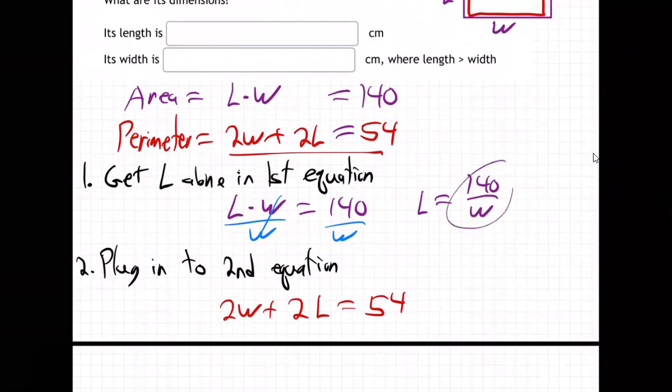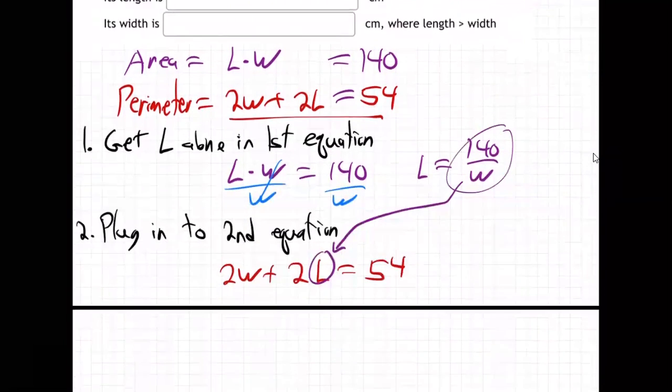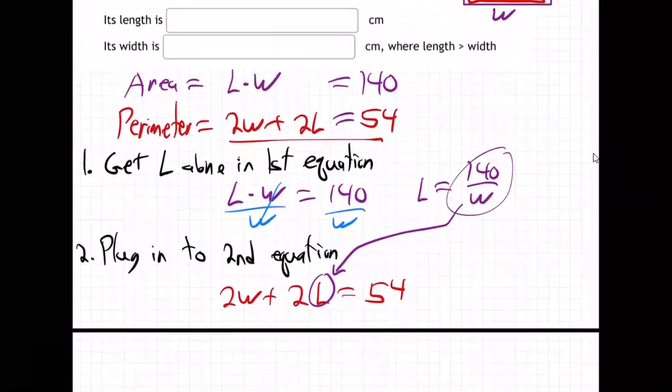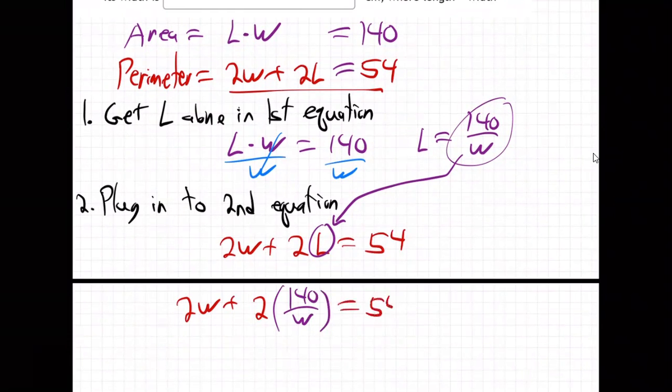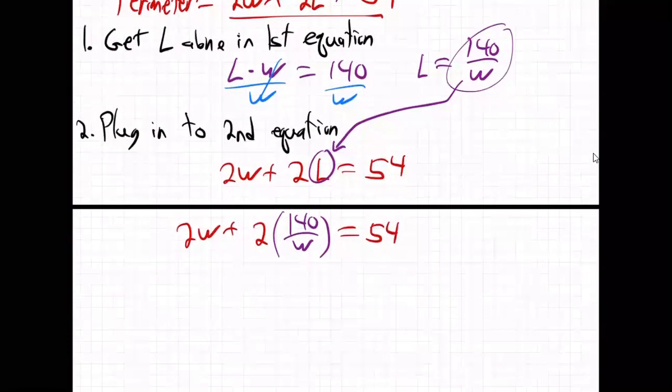And then I will grab this and plug it in right there for L. So we get L alone in the first equation, plug it into the second. Let's see what happens. So we get 2W plus 2 times 140 over W equals 54.